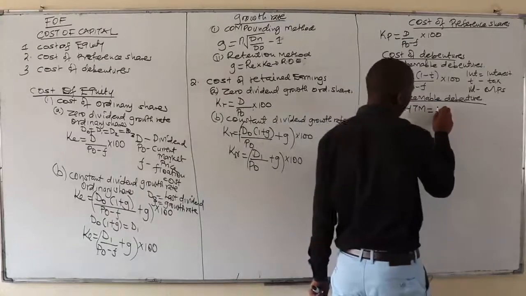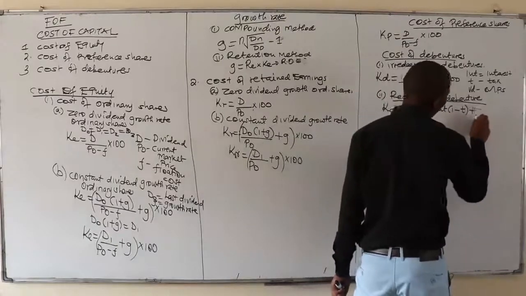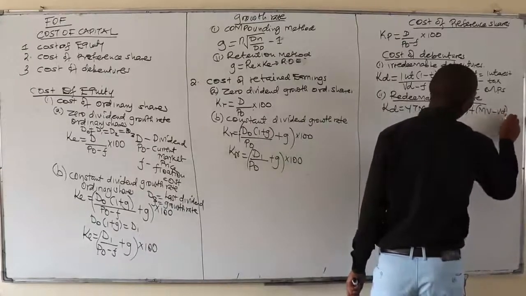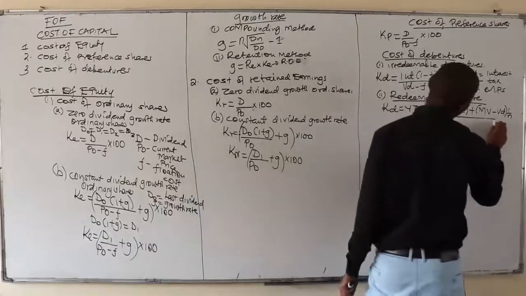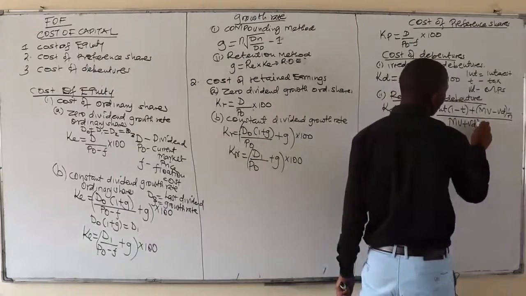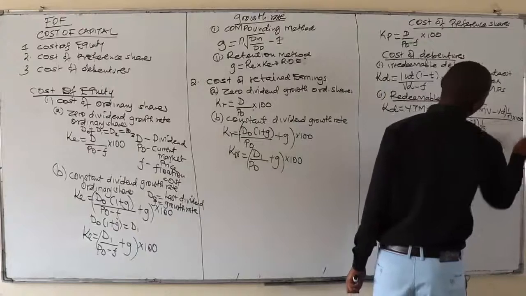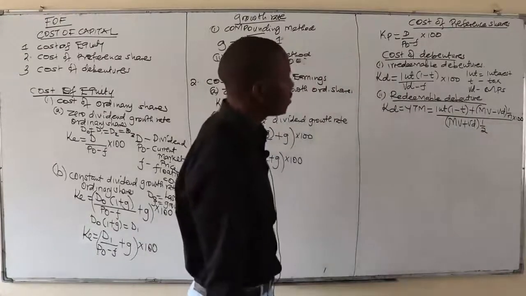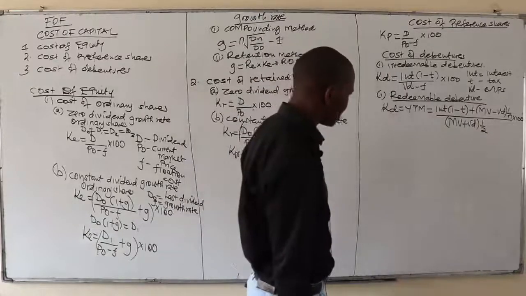It will be the interest times 1 minus the tax, plus the maturity value minus the value of debenture, times 1 over n, where n is the maturity period, all over the maturity value plus the value of debenture, times 1 over 2, and then you multiply by 100. That is how you get the yield to maturity or the cost of debenture for the redeemable debentures.